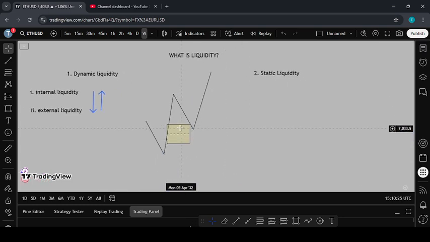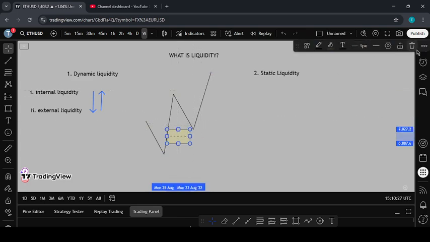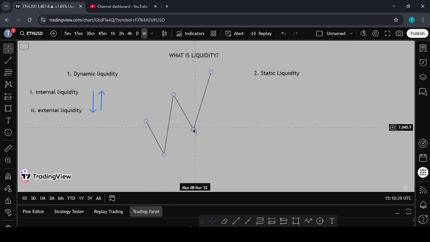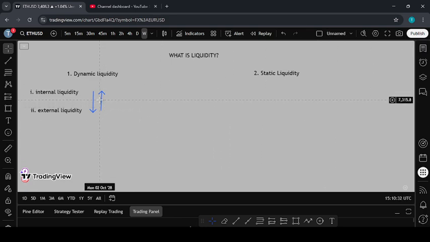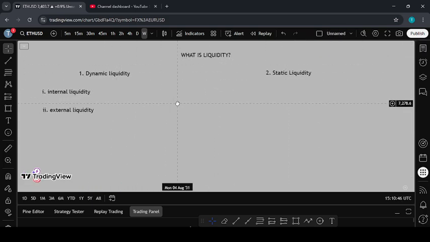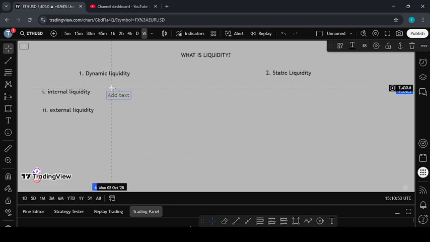For example, if market creates this, let me draw this structure again so you understand very clearly. Internal range, external. Now under internal liquidity, let me put this aside. I just want to make everything really clear for you to understand. So internal liquidity is categorized by fair value gaps, imbalances where the market creates FVGs.